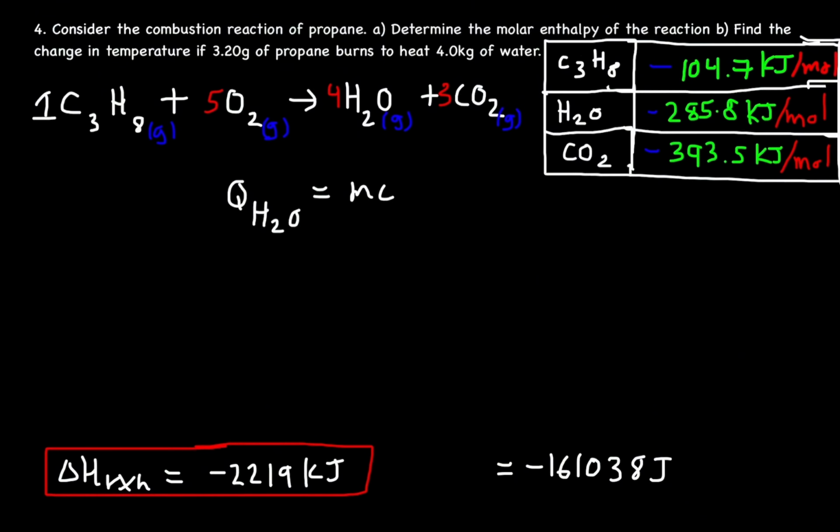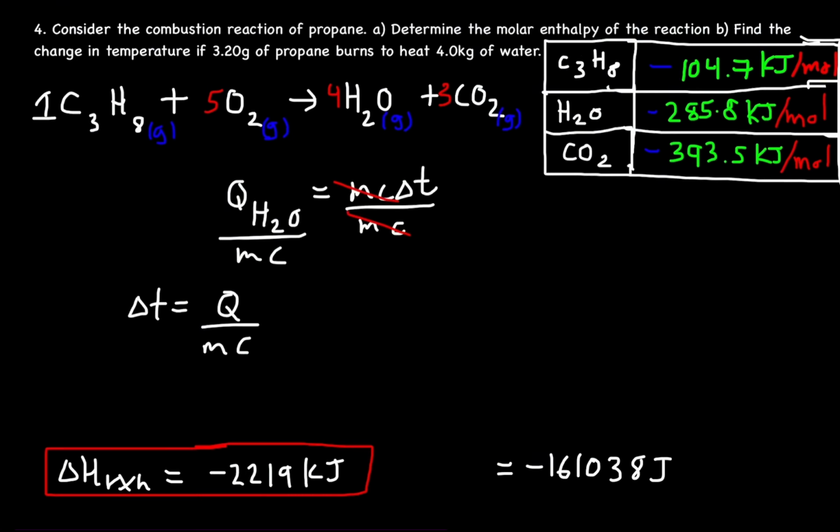So I know that Q is equal to mc delta T. Now we're solving for delta T, so we're going to isolate for it. We'll divide by m and c, so this cancels, leaving us just delta T is equal to Q over mc.